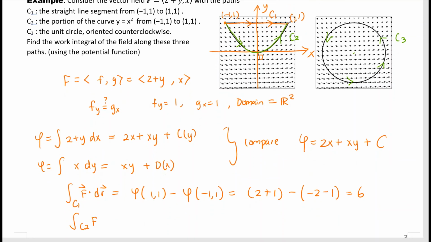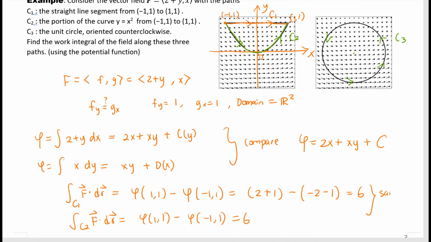Okay, and then next, what is the work, the line integral along C2? You see, it's the same points, because C1 and C2 have the same initial points and terminal points. The work done, the line integrals are actually the same. So that's why the fundamental theorem for line integrals and path independence says the line integrals are independent of paths.